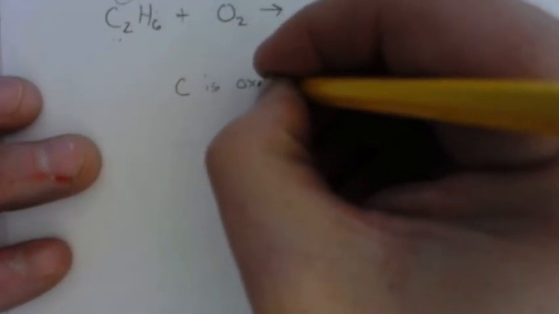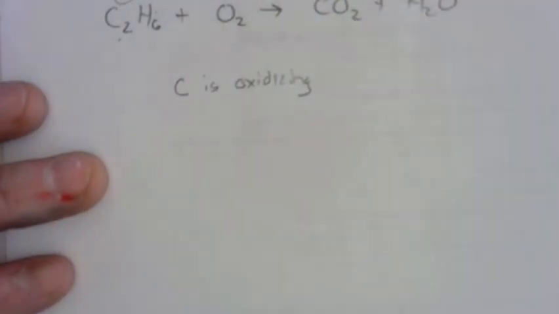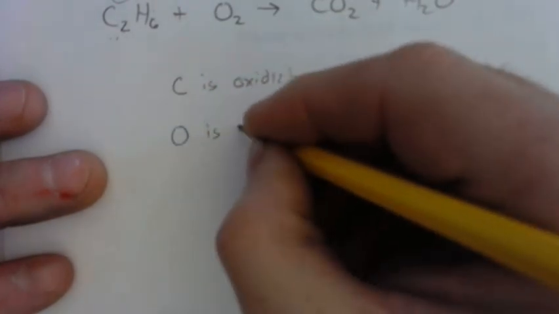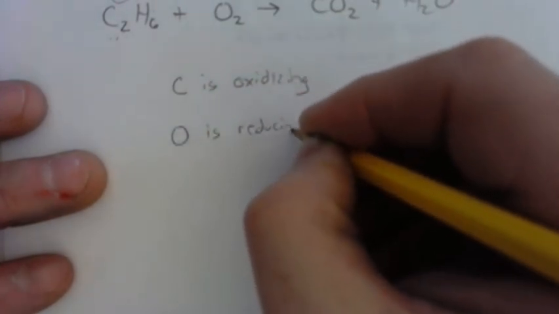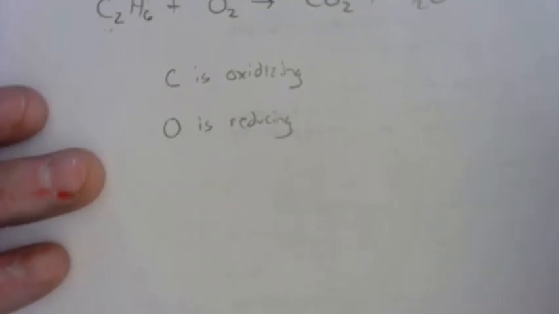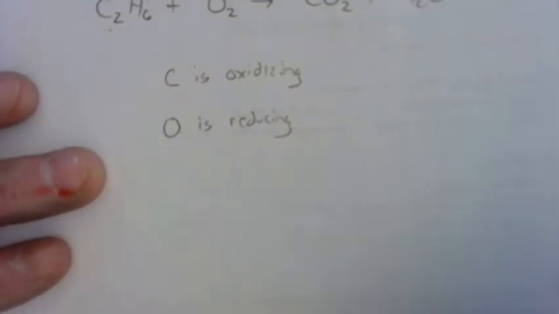So that means that carbon is oxidizing. And we would say that oxygen is going from 0 down to -2. So oxygen is reducing.